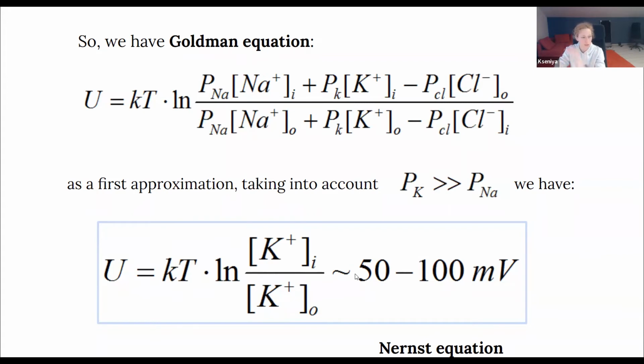This is about from 50 to 100 millivolts, and we call it the Nernst equation. So this is how you can find the difference in resting state for neural membrane.